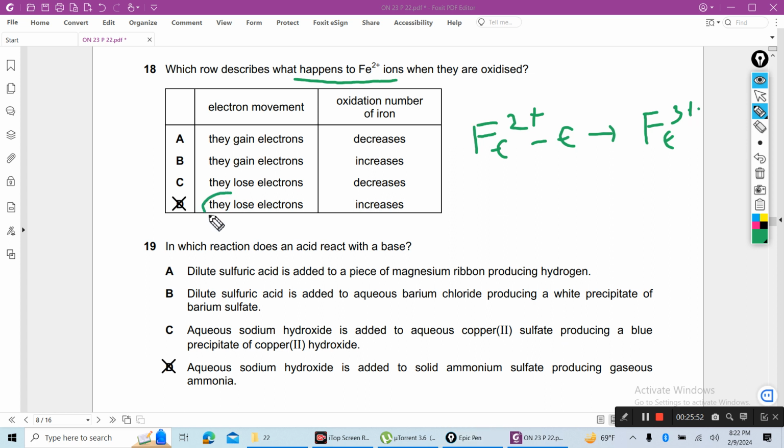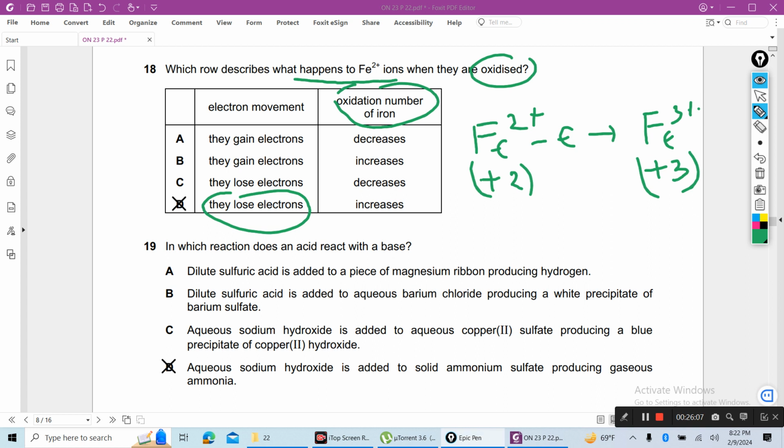So they lose electrons, as oxidized means lose electrons, and the oxidation number of iron will be increased. Here the oxidation number of iron(II) is +2, here the oxidation number of iron is +3. So the oxidation number has been increased. So when iron(II) is oxidized, they lose electrons and the oxidation number of iron is increased.